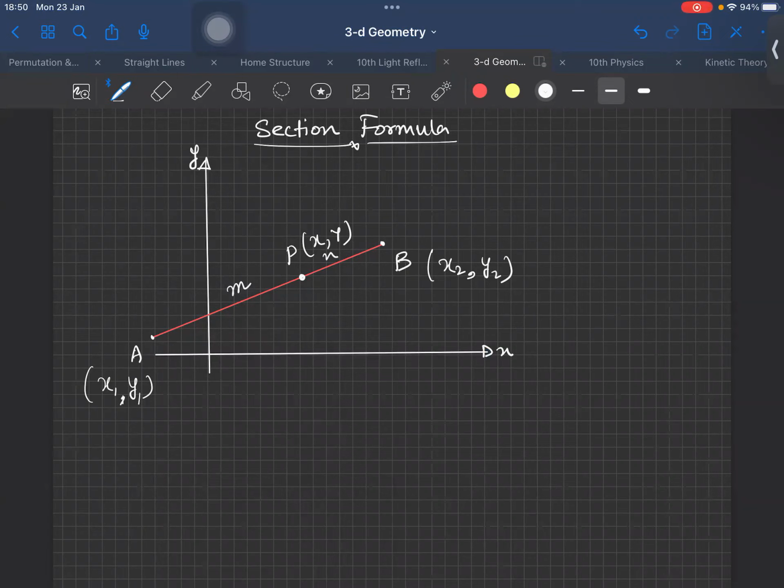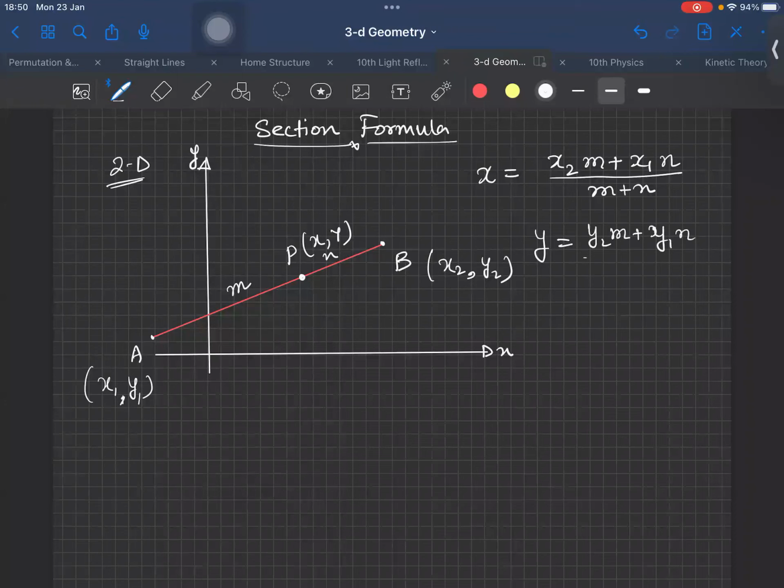So what will be the section formula for this? The x coordinate will be equal to x2 into m plus x1 into n upon m plus n. This is the section formula in the 2D plane. And for the y coordinate, similarly, y2 into m plus y1 into n divided by m plus n.